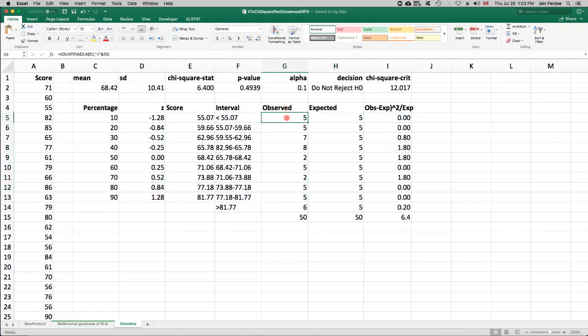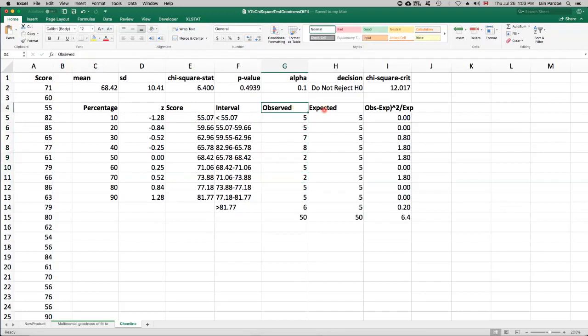Whereas the observed frequencies are going to depend on the data. So I can use Excel, the COUNTIF function, to see how many are in each interval. This is telling me there's 5 in the first interval, 5 in the second, 7 in this one, 8 in this one, and so on.